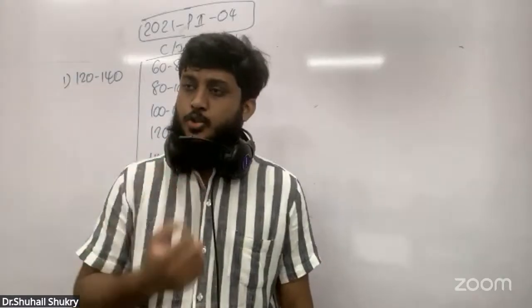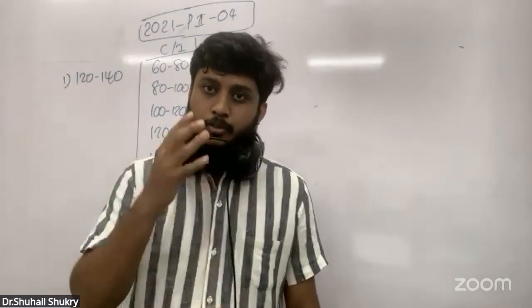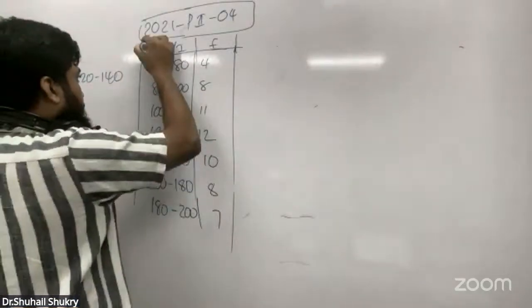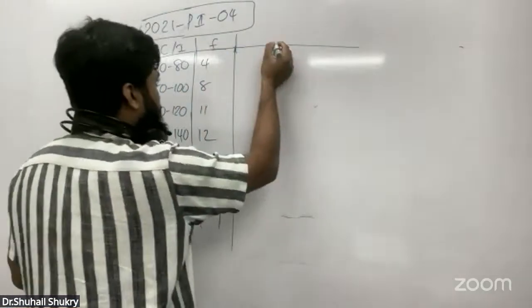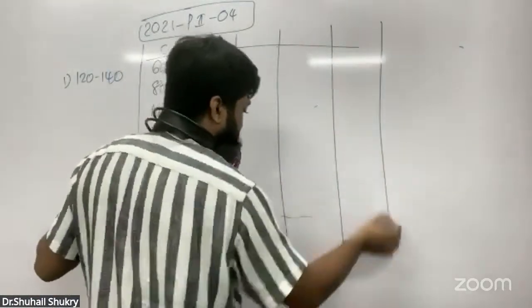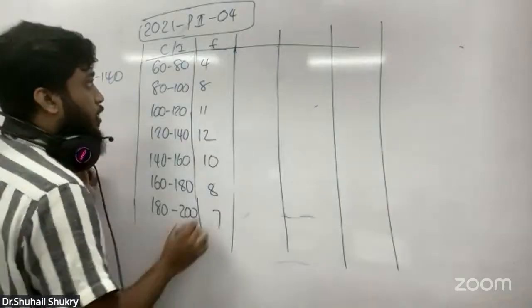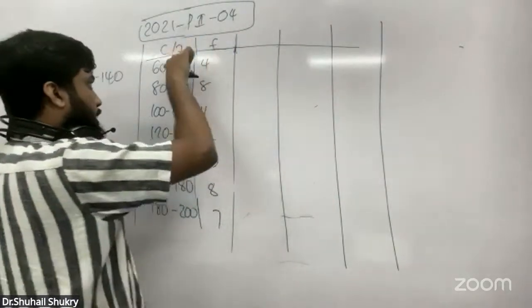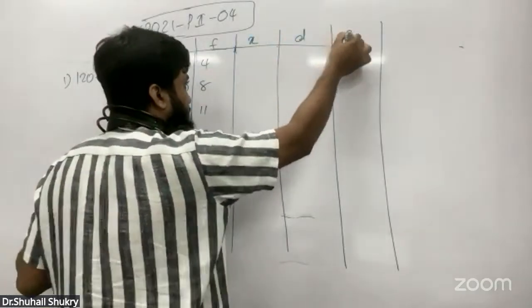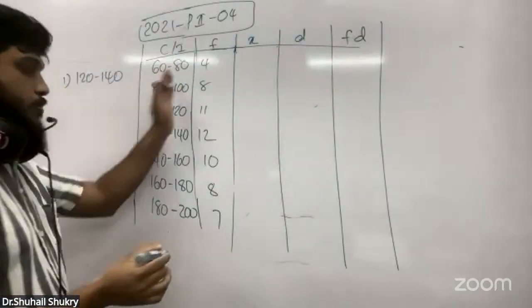How many columns should you create? 5 columns. Remember, guys, you have to create 5 columns if you want to do it in the FD method. One is CI, F, X, D, and FD.